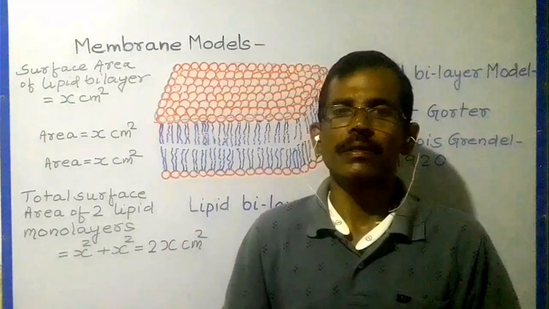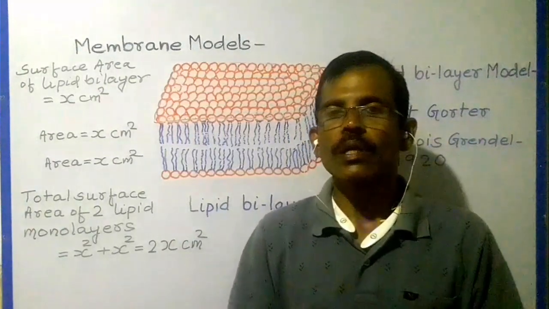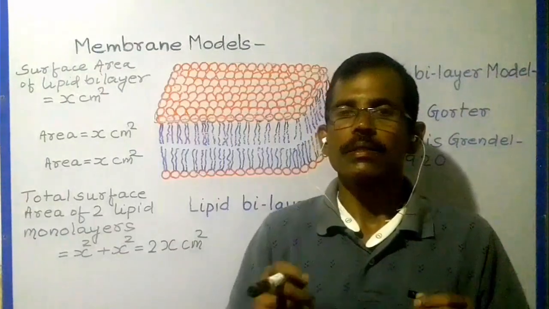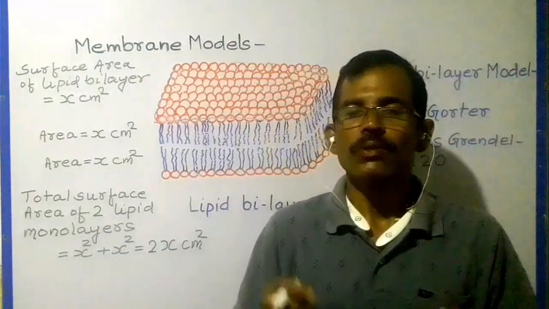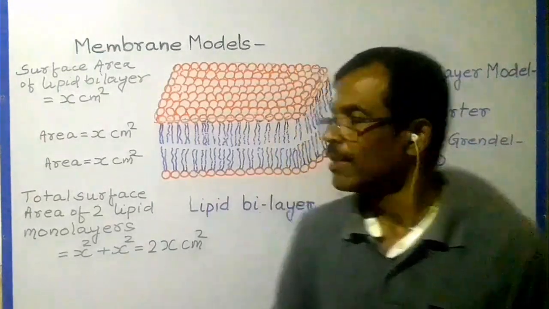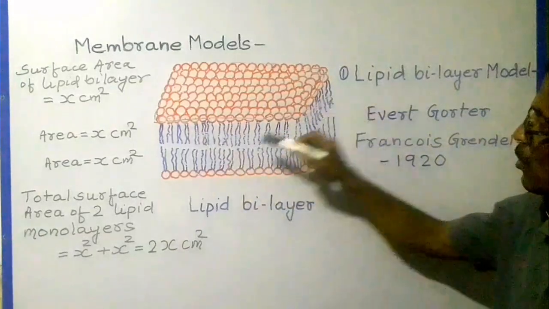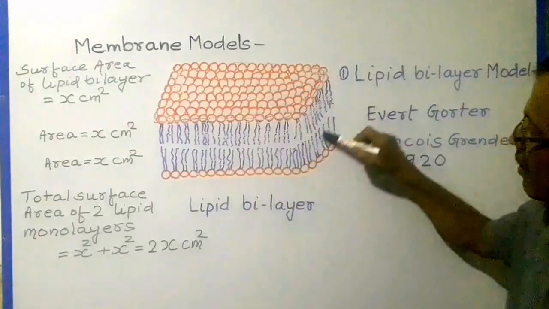After comparison, they concluded that the total surface area of the lipid monolayer is double the surface area of the red blood cells. So they concluded that the cell membrane consists of two opposing molecular layers.